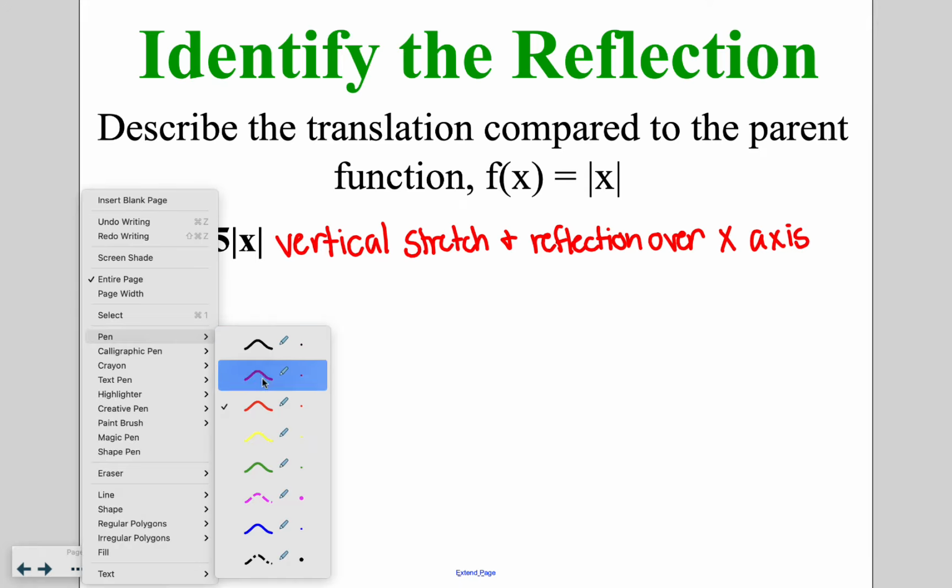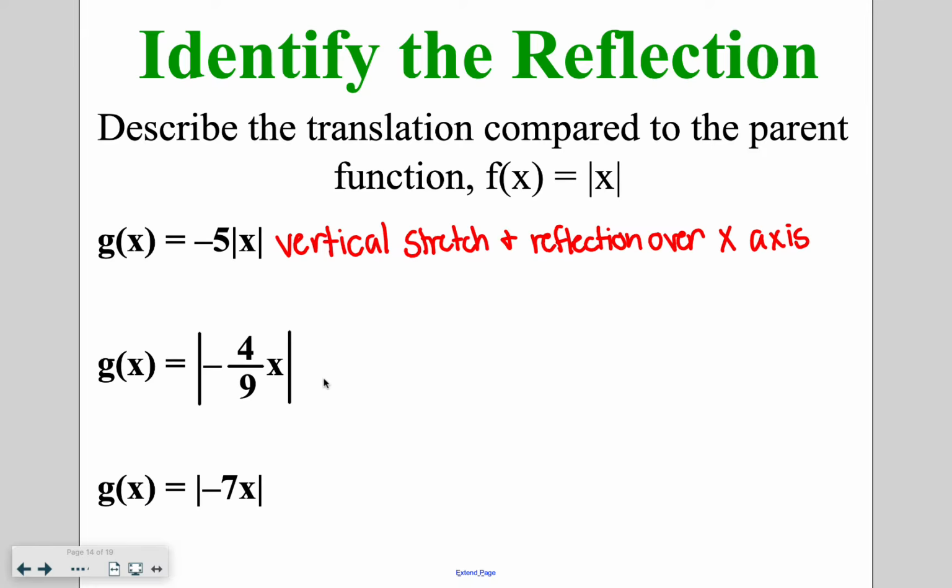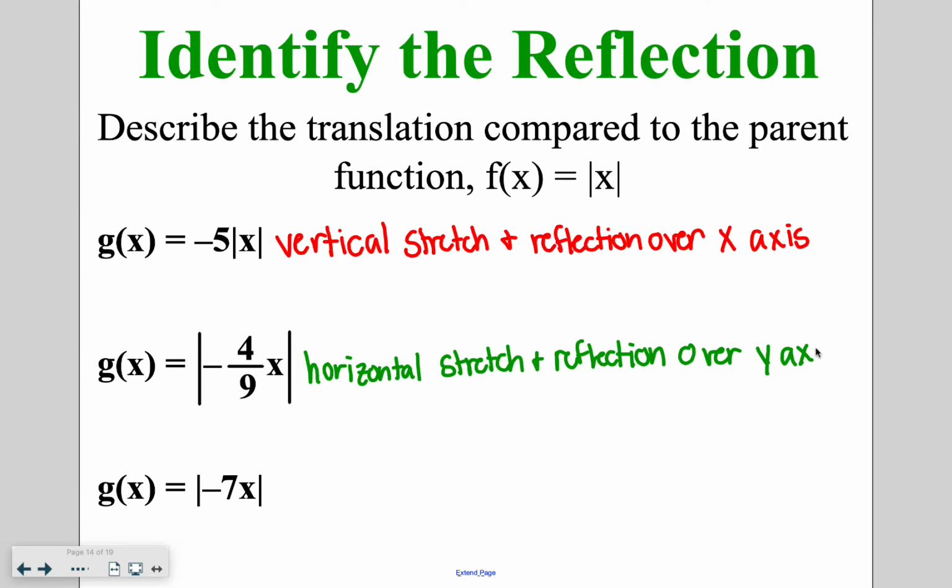When I look at the next one, I now have my values on the inside, so this is going to be horizontal. Because it is a value between 0 and 1 on our horizontal, it's going to be a stretch. And then because our negative is on the inside as well, it is a reflection over the y-axis. So it's going to flip our values over that y-axis. Last example here.